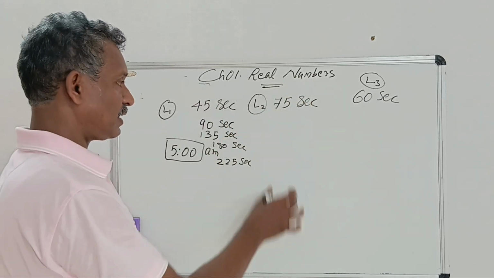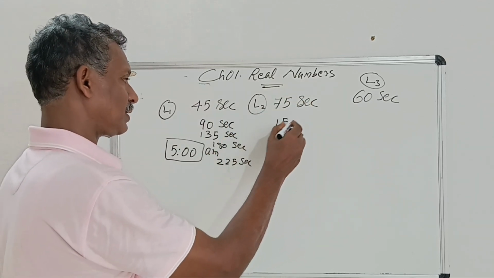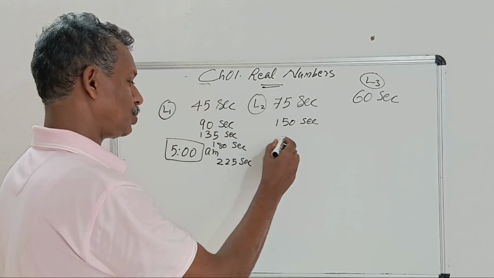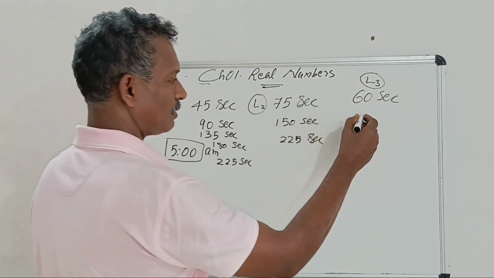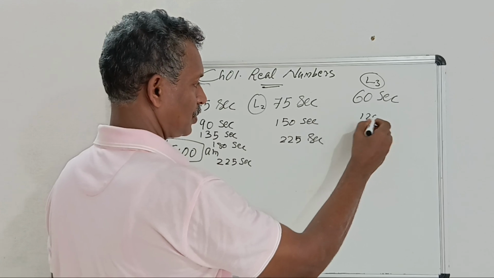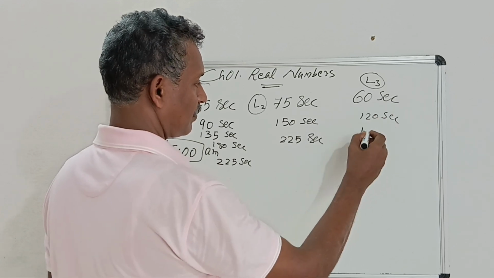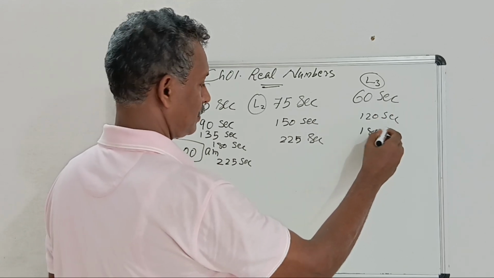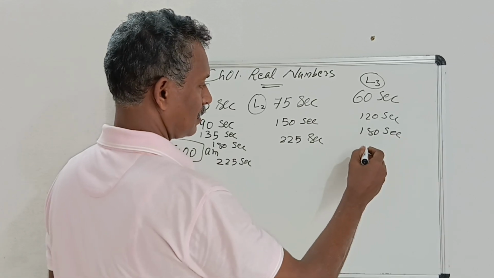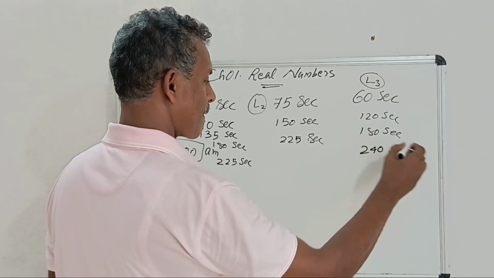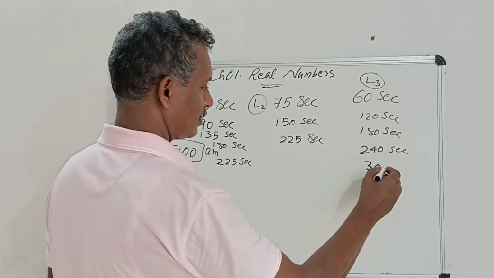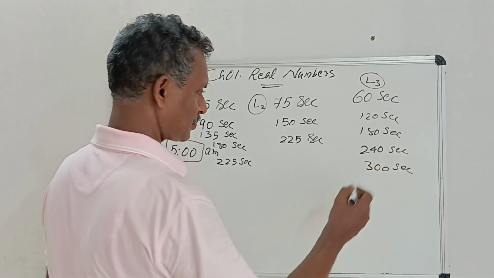And the second light will light at 150 seconds, then 225 seconds. Third light 60, 120, then 180 and 240. It goes on 300.